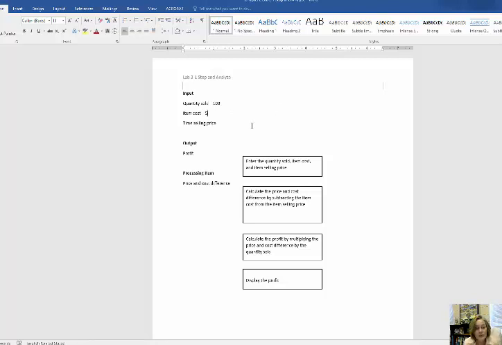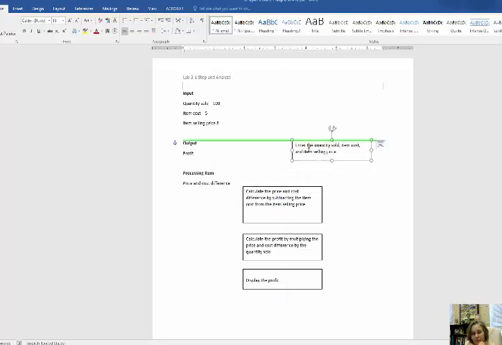And the item selling price, it's supposed to be item, not time, is $8. Okay, so when you're doing a desk check, basically you're giving values to these items, and you're seeing if your program will calculate the profit correctly in this case.